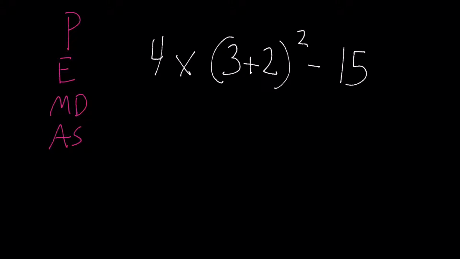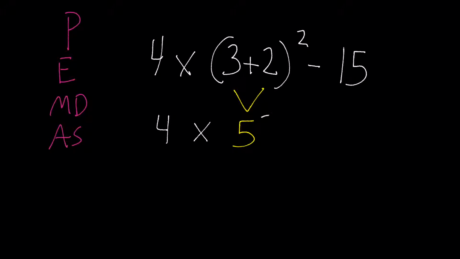So let's follow our order of operations. We have parentheses, like we said, so we have 3 plus 2 first, which is 5. Now, as I'm rewriting everything I haven't used yet, 4 times 5, but it's not just 5. It's 5 to the second power, because this exponent of 2 has to go on our 5.